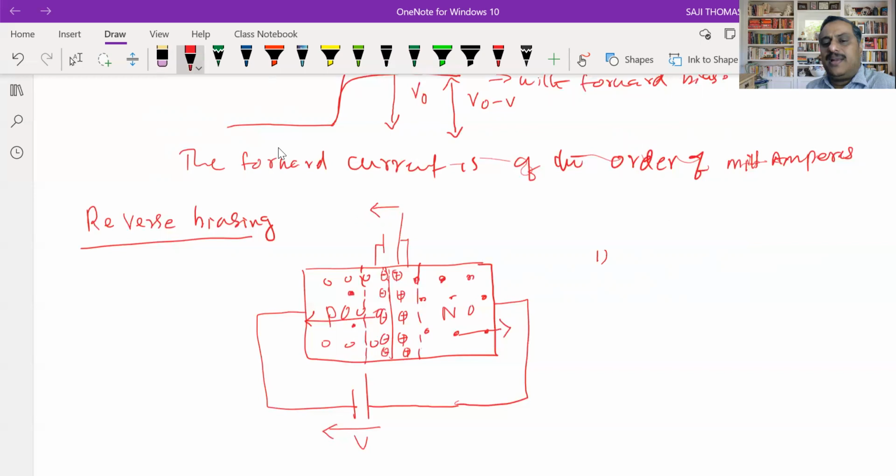So what happens? I will write as points. Negative terminal of the battery attracts the holes towards it. Positive terminal of the battery attracts the electrons towards it. So the width of the potential barrier, the depletion region, increases.